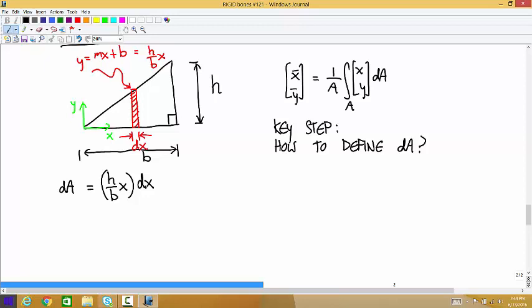And now we do have to think about what the centroid is of each one of these strips. What are the coordinates of the centroid of this strip? So our total centroid is going to be 1 over the area times the integral of the centroid of the strip at some arbitrary value of x.